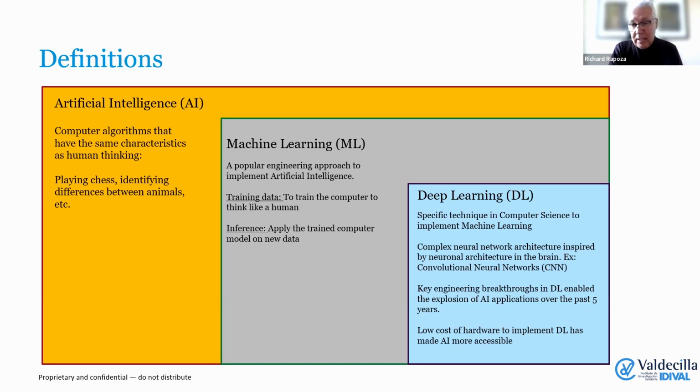There have been some key engineering breakthroughs in deep learning, which started in the last 10 years, but in the last 5 years specifically, that have led to a lot of AI development in every aspect of society. In addition, the lower and lower cost of servers, memory banks and computing power has also led to a huge advance in AI.